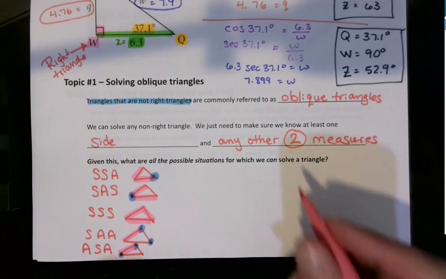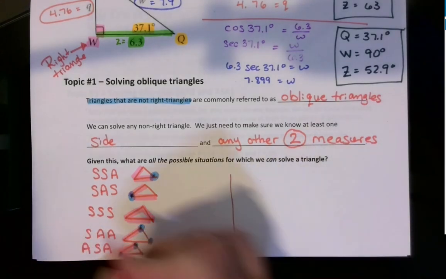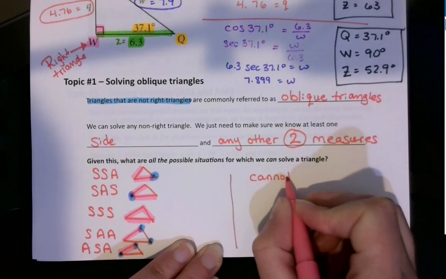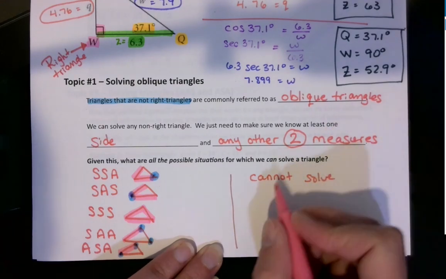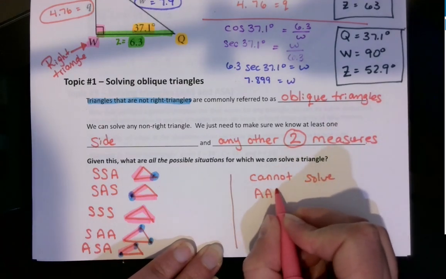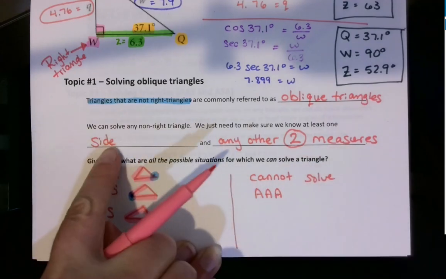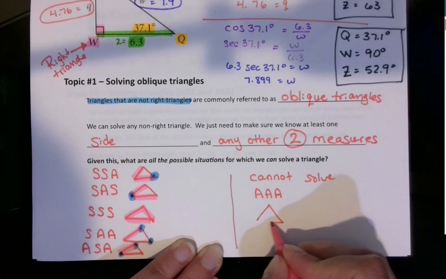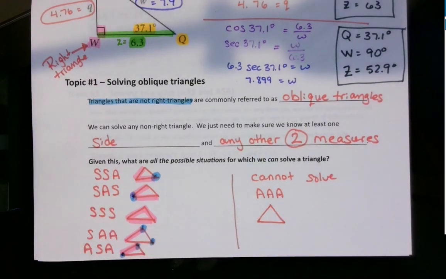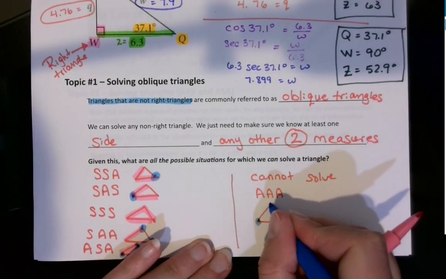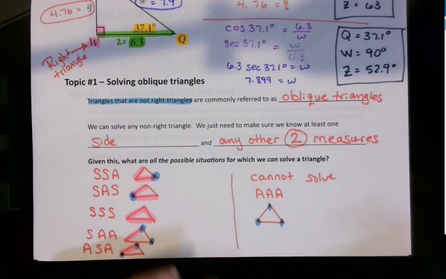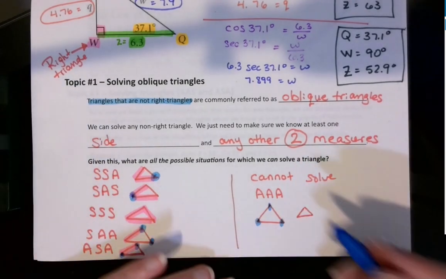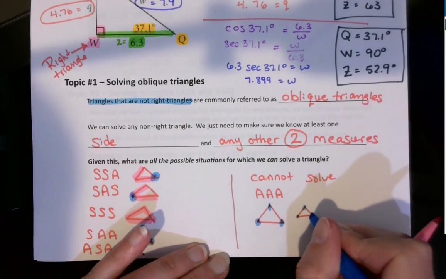Other possibilities that are not in this list right here cannot be solved, just to make a note. We cannot solve a triangle where only angles are known because you have to know at least one side. The reason for that is if you only know angles on a triangle, that triangle could have those exact same angles but be of a different size.